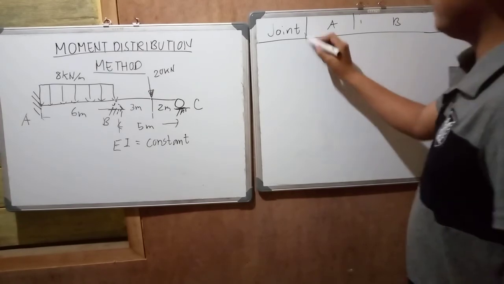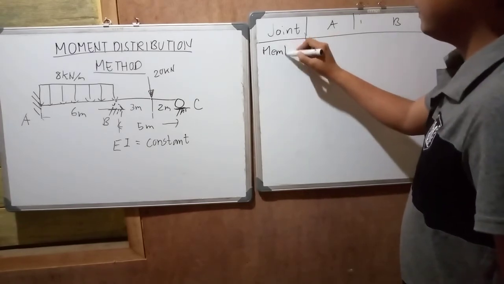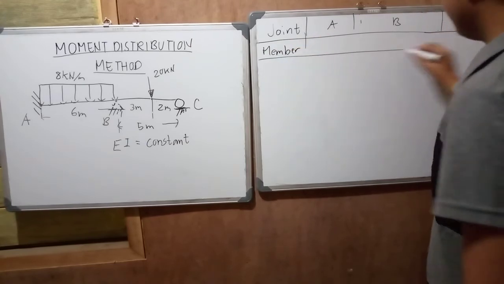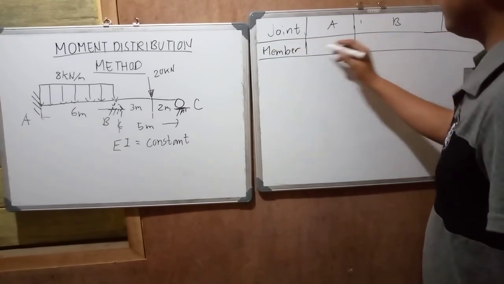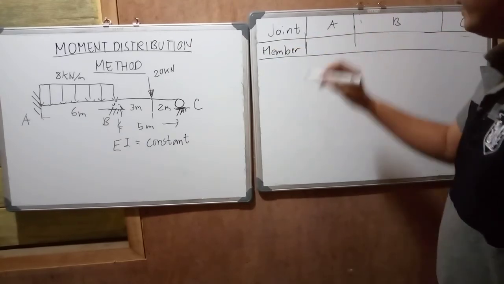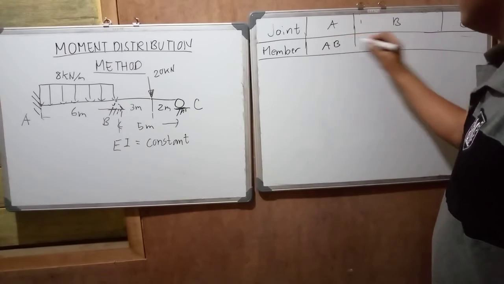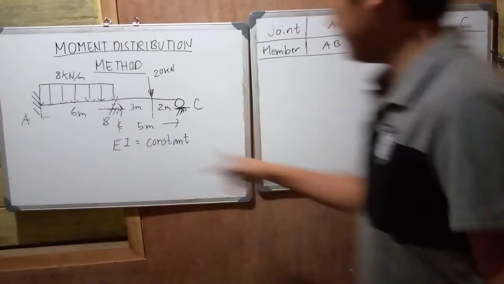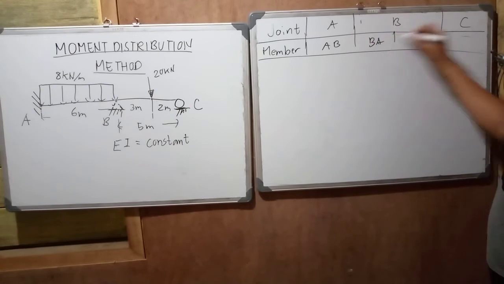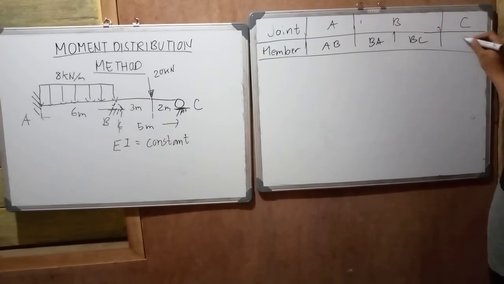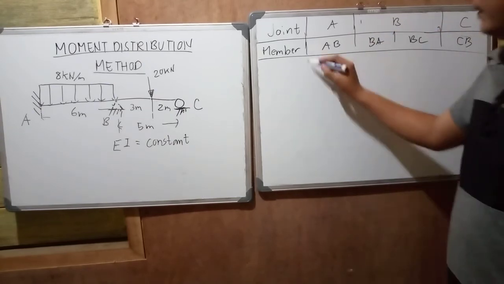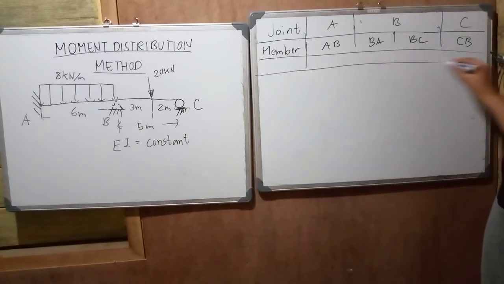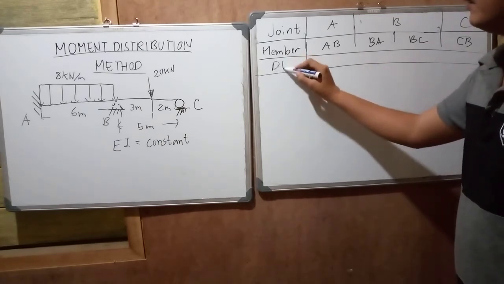So, yung different members natin, yung member under kay A is si AB lang. Kay B is si BA at si BC. At kay C is si CB. Okay. So, next kang member, ilagay natin dito si distribution factor.